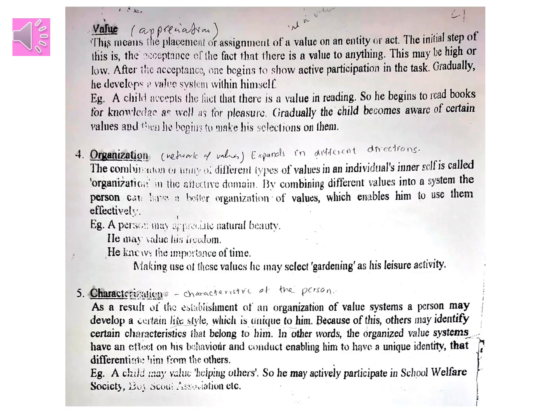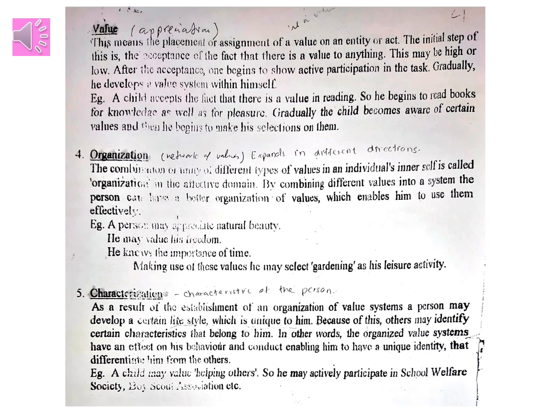By combining different values into a system, right, not only finding information about the prehistoric animals, then the plants, then the world, geography, all these things, different sets of values now. The person can have a better organization of values, right? A network of values which enables him to use them effectively. Not only one value, then he sees more.